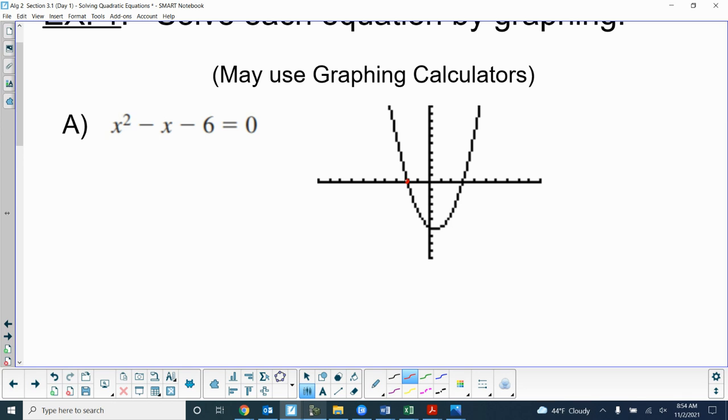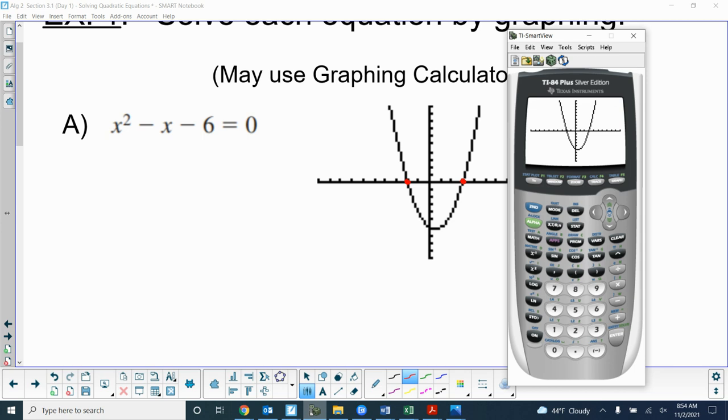Negative 2 and 3. Yeah, where it crosses the x-axis is when y is 0, right? So that's what we look for when we do it graphically. We look to see where your parabola crosses the x-axis. Another place to look is hit second graph. That's your table of values.